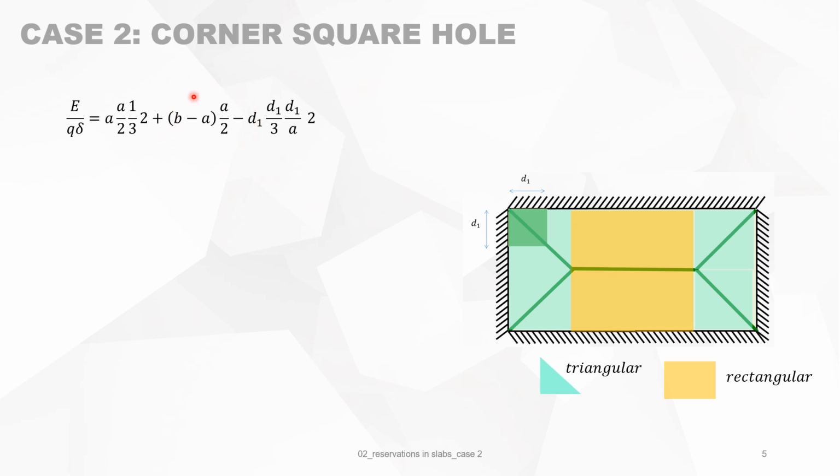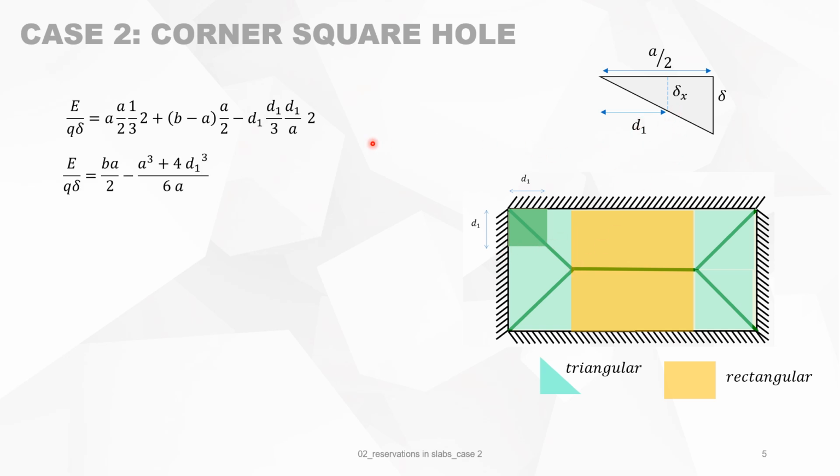So you get this, and then we subtract the hole. And then we have to look at the mean deflection of that hole. When this line is delta, that point is delta. So you see that for d1 there, the deflection is d1 over A times 2, times delta.